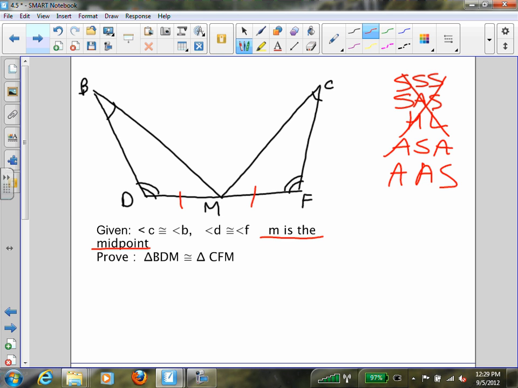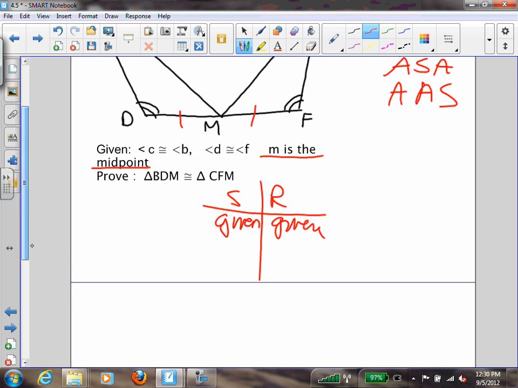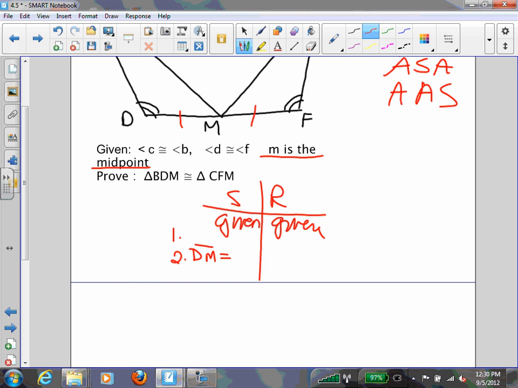Okay, so let's do our little proof. We've got our statements and our reasons, and we've got our given. For step 2, the length DM is equal to the length FM by the definition of a midpoint.